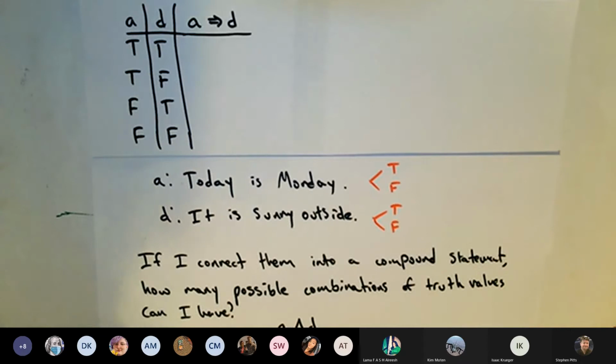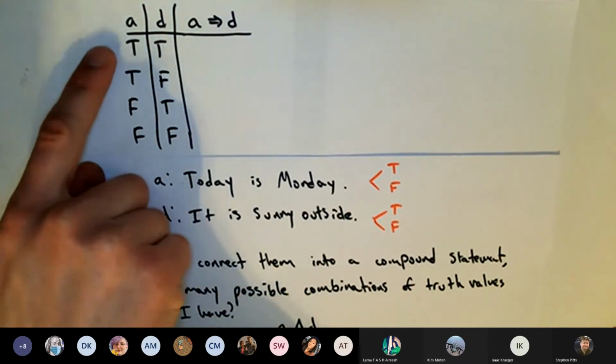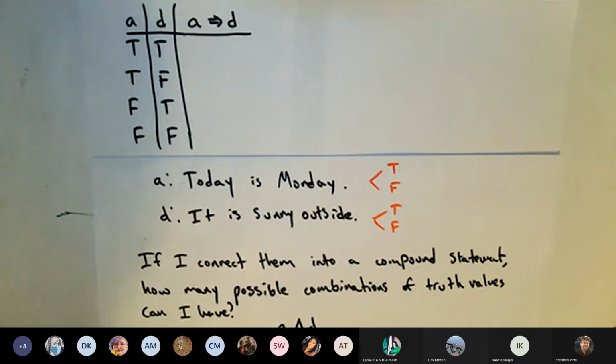So if today is Monday and it is sunny outside, so I'm looking at row 1 where both pieces are true, and I say, if it is Monday, then it's sunny outside, and you look outside and see both parts of that are true, then I'm not telling a lie.